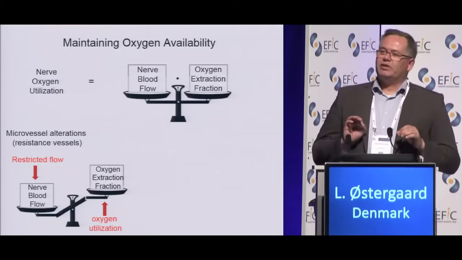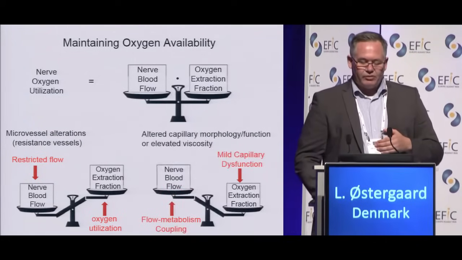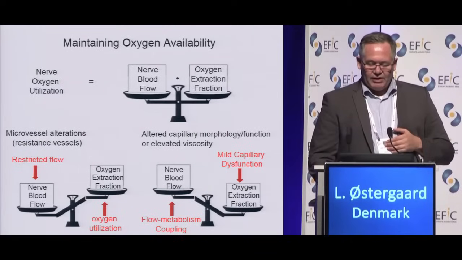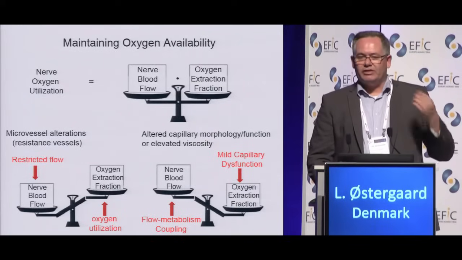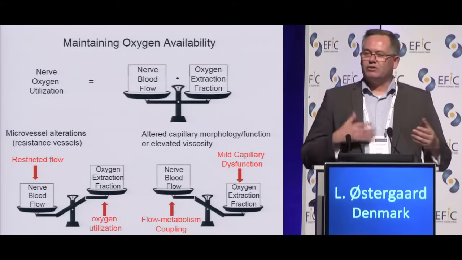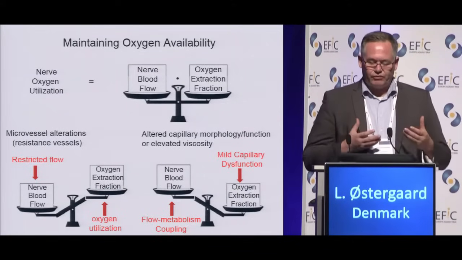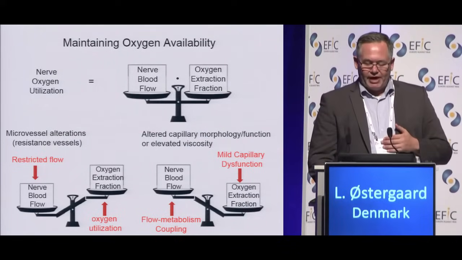What they overlooked, and what we've been overlooking up until now, is that capillaries matter. So if there's a change in capillary morphology or function, then the oxygen extraction will not be as good. And because the vasculature is equipped with flow-metabolism coupling, if there's a need for oxygen, it will adjust blood flow to compensate for that.